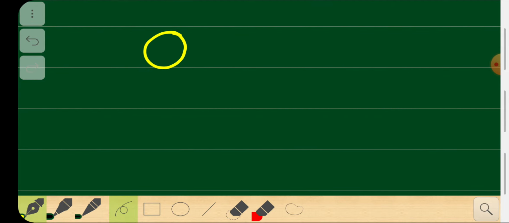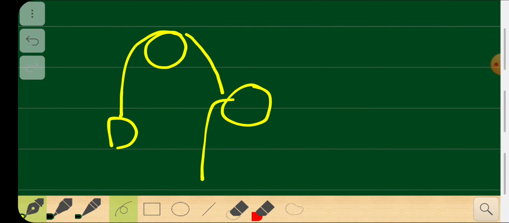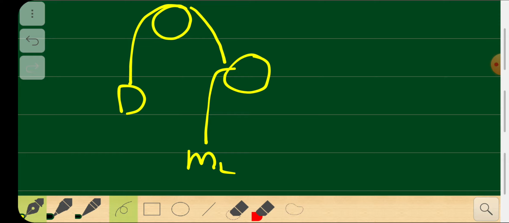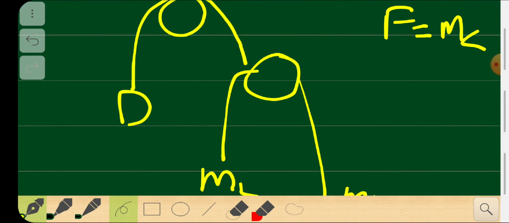So you have the two pulleys here, right? Remember the two pulleys, and there is m1 and m2 and then there is m3, so three masses. Now what you need to do is use Newton's laws, F is equal to ma, right? You can clearly see that there will be tension in this string.